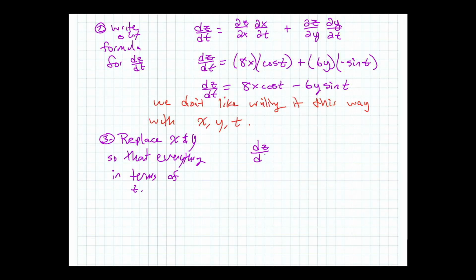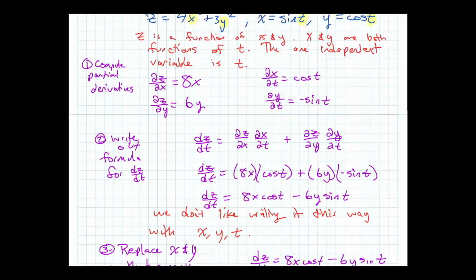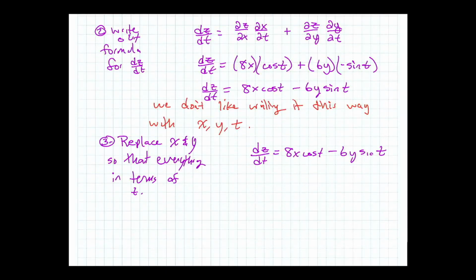You have dz dt equals 8x cosine t minus 6y sine t. I have no idea why Notability is lagging right now. Haven't done anything. What do we know? We know that x is sine t and y is cosine t, probably like that.